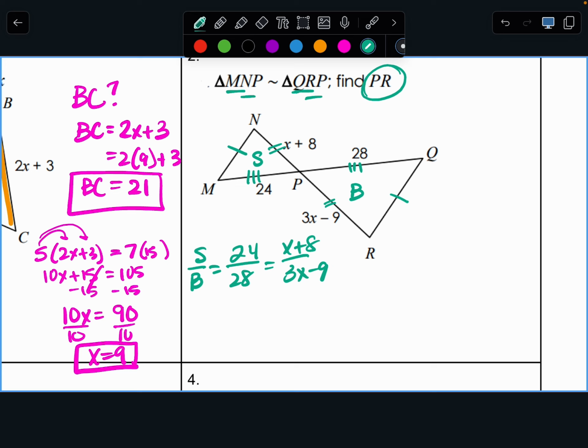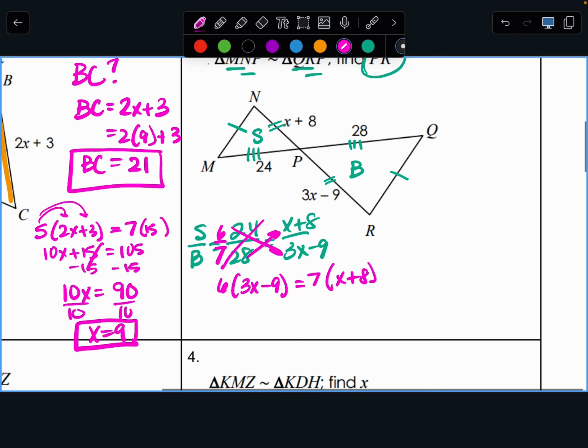So now, again, I want to simplify this fraction. It just makes the numbers easier. You don't have to, but it makes the numbers easier. If I divide those both by 4, I get 6 over 7. So that when I cross multiply, I get 6 times 3x minus 9 equals 7 times x plus 8.